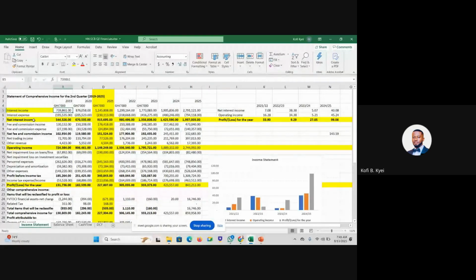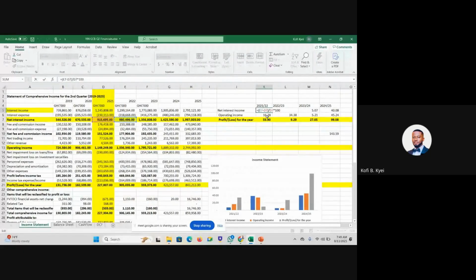All right, so if you can see the screen, this is it. So we will start with the net interest income. That is what we have there. So you compare year one and year two. So year one is the previous year, beginning year. So 2021 and 2022.